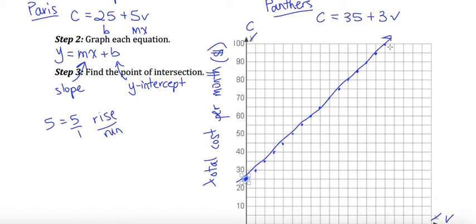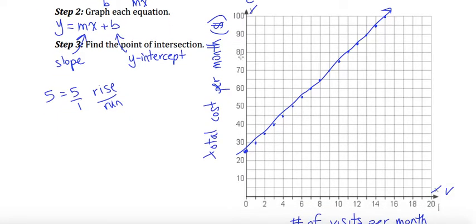You can draw your arrow on this side to show that it goes forever. I'm not going to be able to go this direction because I can't go negative times, right? That's not a possibility. So I could try just erasing this portion right here. There we go. Okay. So this is my line for Paris.